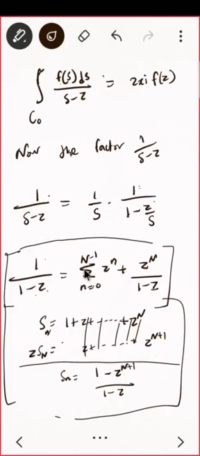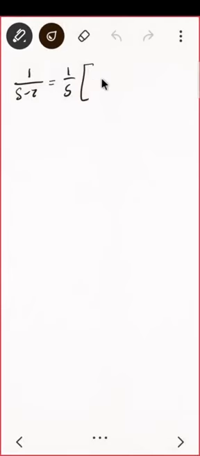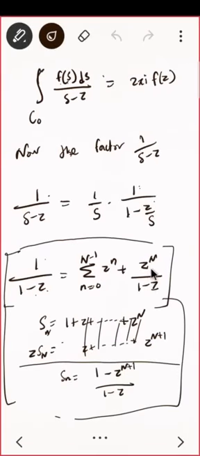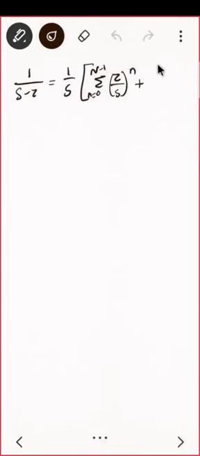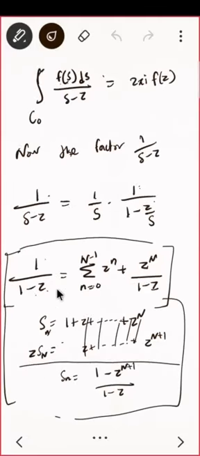So it will be the summation of z by s raised to n, where n is from 0 to n minus 1, plus the next term. What is my z here? That is z by s. So it will be z by s raised to n upon 1 minus z by s. Correct. I'm just using this geometric progression. At the place of z I am having z by s, that's it.